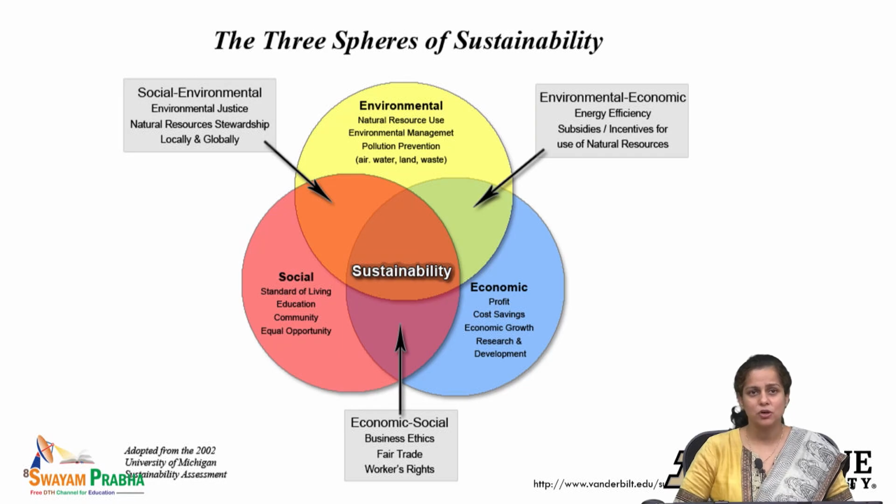And then we have the economic and social. This is where a lot of businesses need to come forward, talking about business ethics, fair trade, and workers' rights in terms of providing equal opportunity, while also maintaining the profit that the economic systems need for their own sustainable design. At the center, where the environmental, economic, and social systems all interact, is where we will achieve true sustainable systems design, which is a very complex and difficult task.